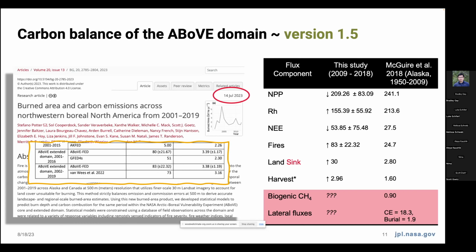I think we are seeing that play out a little bit: in terms of the uptake, it's a net sink, but once we start accounting for disturbances like fires, that will push this to a source. However, there are other pieces that still need to be calculated and brought in.